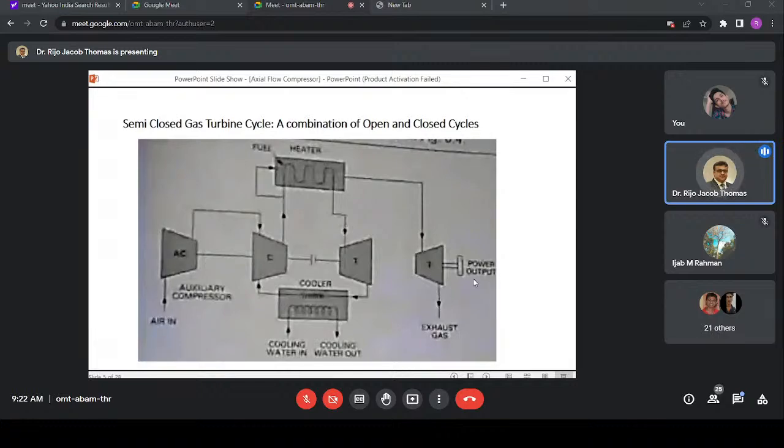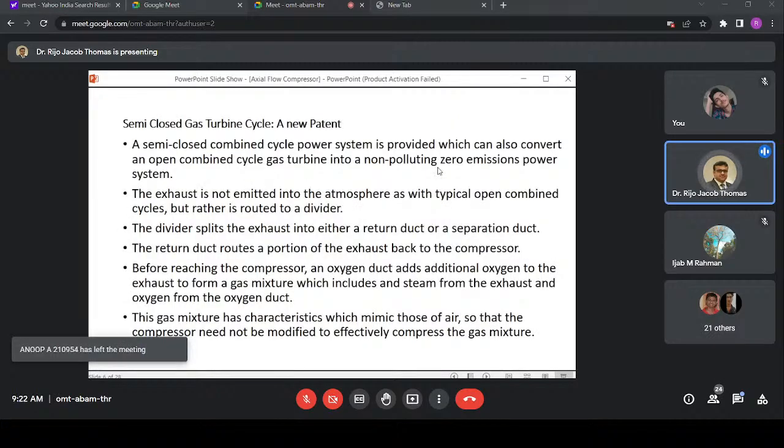A part is given out, like nitrous oxide, carbon monoxide, and such things. Whatever can be taken out is treated and again fed into the compressor with some oxygen injection. So that is also another cycle, they say. This can also convert an open combined cycle gas turbine into a non-polluting one. The open cycle one is generally polluting, so it can be made non-polluting.